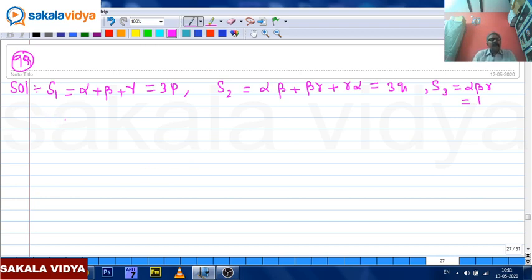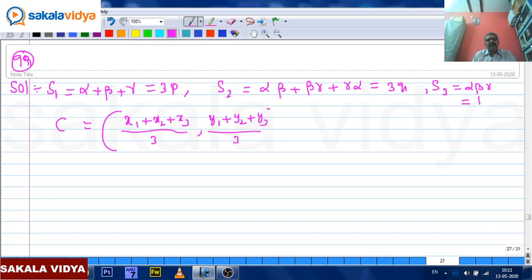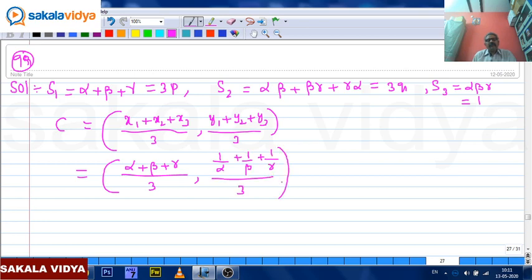the centroid. Centroid means x1 plus x2 plus x3 by 3, y1 plus y2 plus y3 by 3. This is the centroid of the triangle. So x is alpha plus beta plus gamma by 3, whereas y is 1 by alpha plus 1 by beta plus 1 by gamma by 3. First let us separately find 1 by alpha plus 1 by beta plus 1 by gamma.